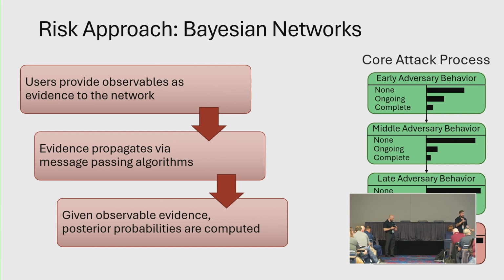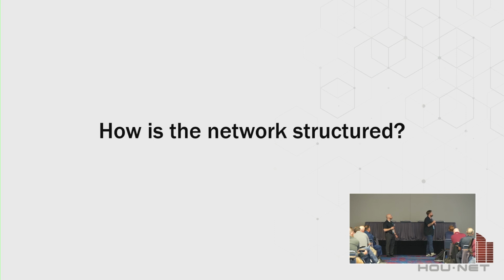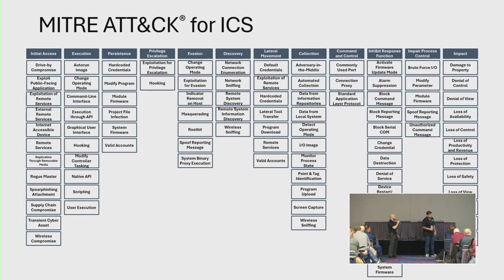So if the CTI guy's like, pretty sure this is evasion, the other guys are like, I don't know what you're saying. So we're trying to get it to be a little bit more general and communicable between teams. So now Lee's going to talk to you about the actual structure of it. So the foundation of our Bayesian network is the MITRE ATT&CK for ICS framework.